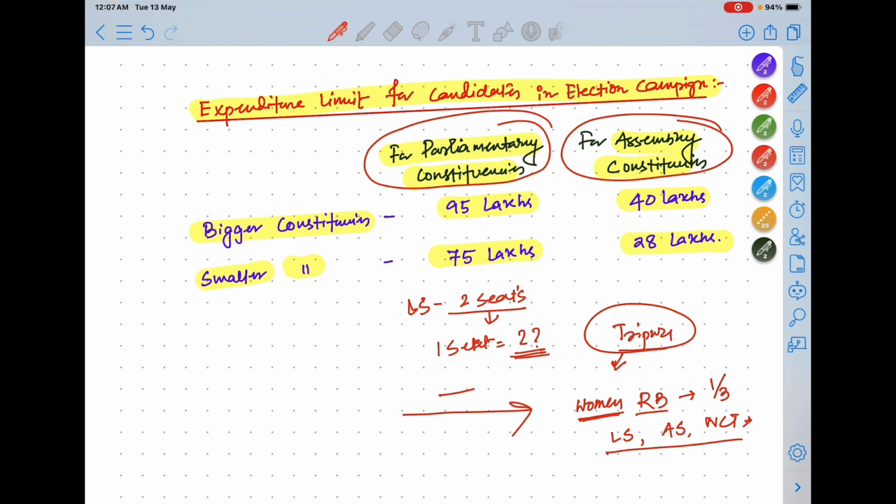This will apply for 15 years. After every 15 years, the delimitation or committee will change, and it will be done alternately. So basically it is a one-third reservation of seats for women.